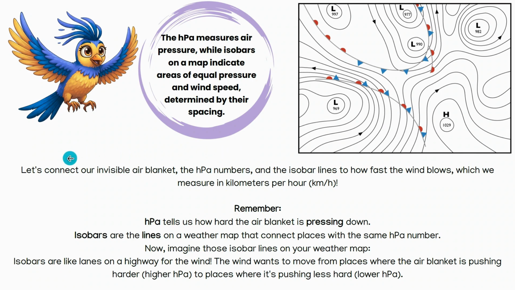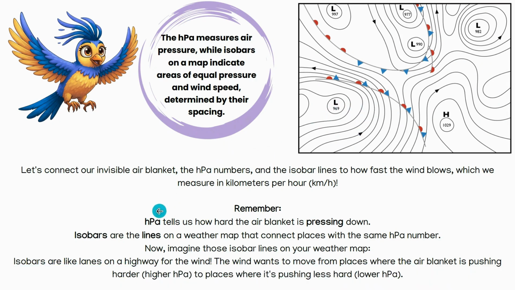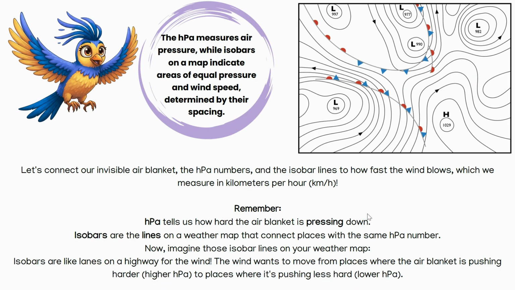So let's connect our invisible air blanket, the hPa numbers, and the isobar lines to how fast wind blows, which we measure in kilometers per hour. Remember, the hPa numbers that you see on the isobar lines tell us how hard the air blanket is pressing down. Isobars are the lines on the weather map that connect places with the same hPa number.